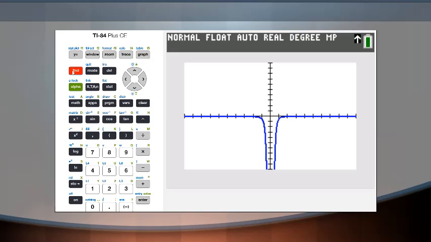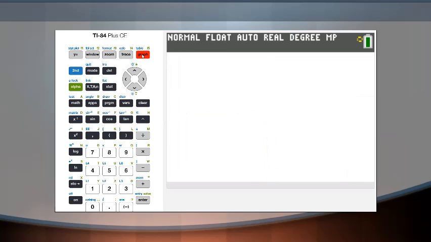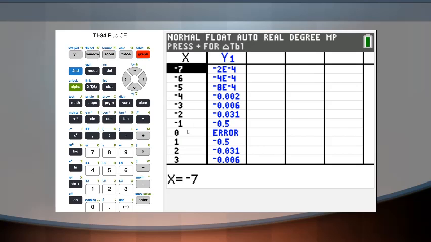But if we go into our table, we can see here, of course, when x is 0, there's our point of discontinuity. We've got the error that it cannot equal 0. Remember now, the variable is in the denominator. We can't divide by 0.